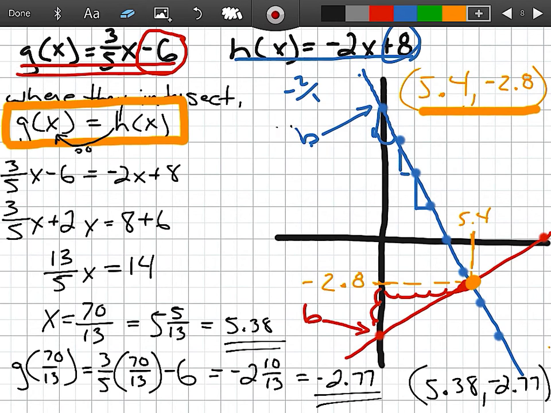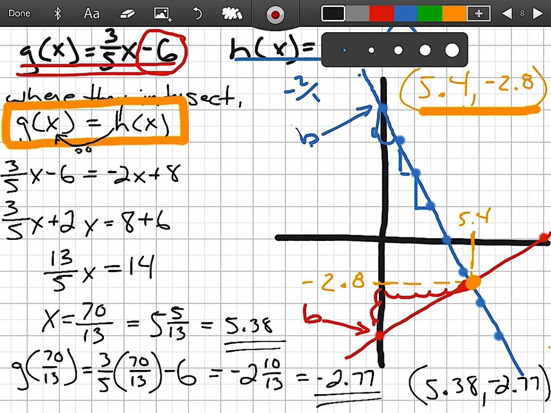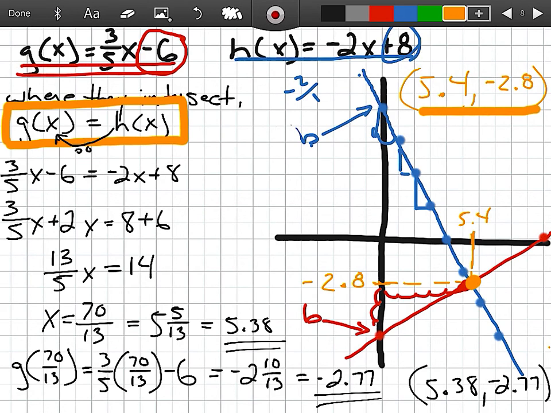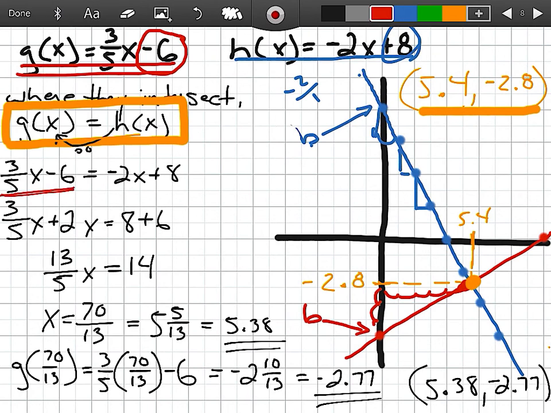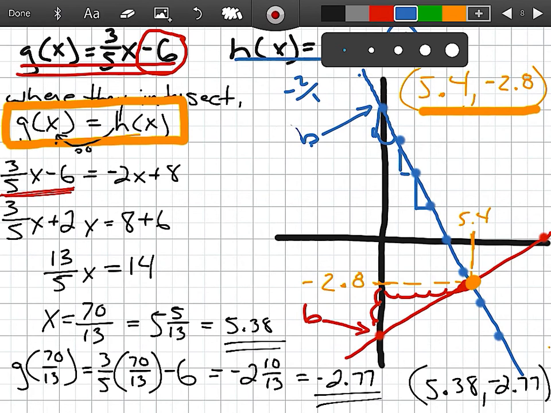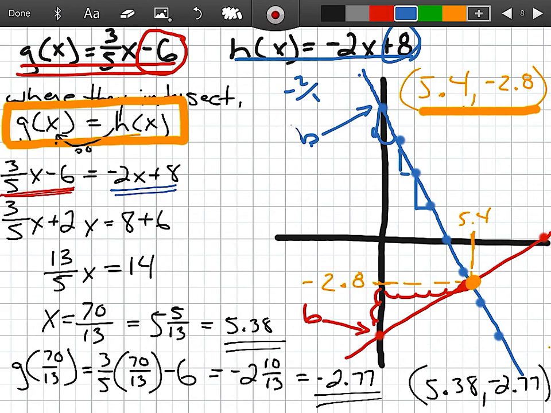I am actually just setting g of x equal to h of x right here. So your g of x is your red portion. It was 3/5 x minus 6. And then I'm going to equate that to my h of x, which was -2x plus 8.